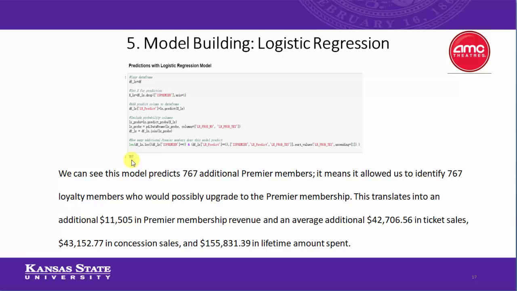This translates into additional $11,505 in Premier membership renewal and average additional $32,706 in ticket sales, $43,152 in concession sales, and $155,831 in lifetime amount spent.